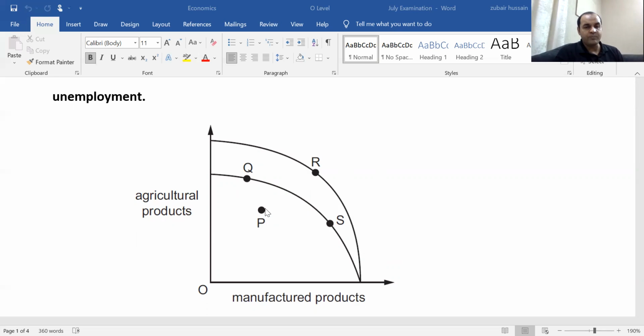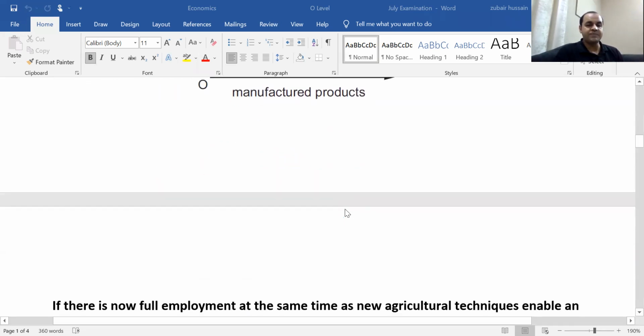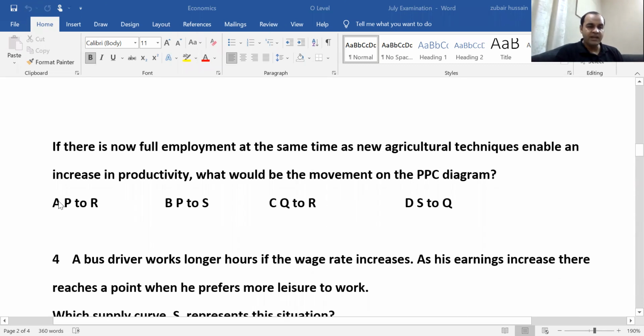First the economy was operating at point P. Now the economy has shifted from P to point R because of full employment and an increase in the technique of production in the agriculture products. So option A, P to R, is the right option for this one.